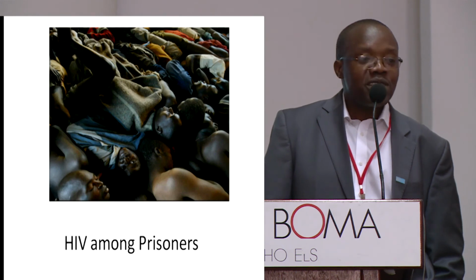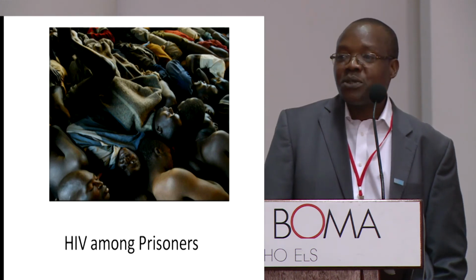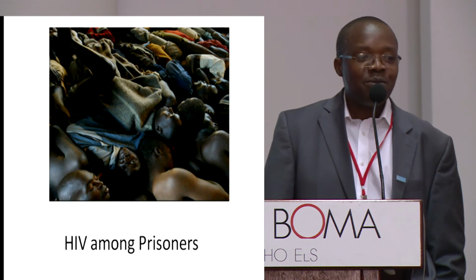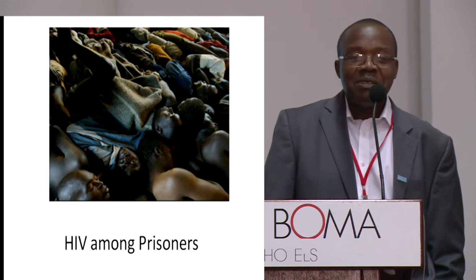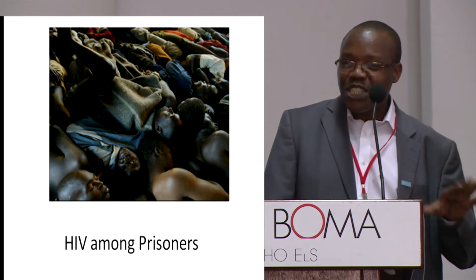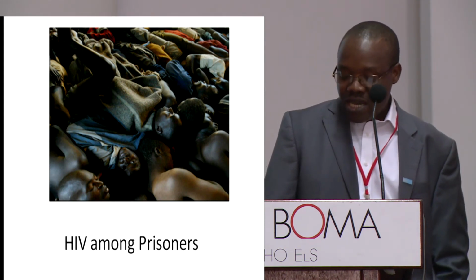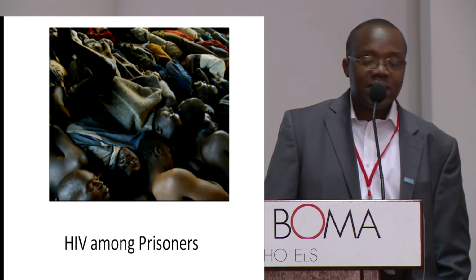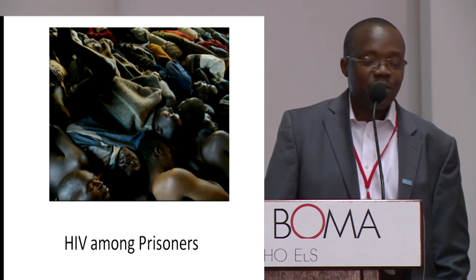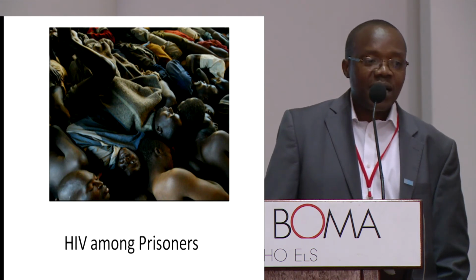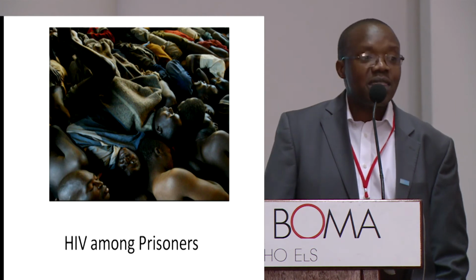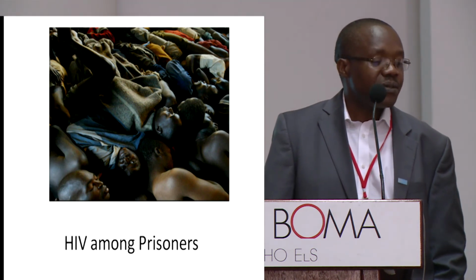Perhaps some of you have visited our prison institutions, or maybe sometimes you were a prisoner at some point. But the condition in the prisons is really not conducive. There is overcrowding that is completely not acceptable, and which also threatens the health conditions of the prisoners.